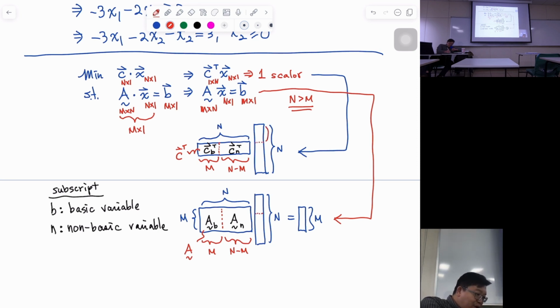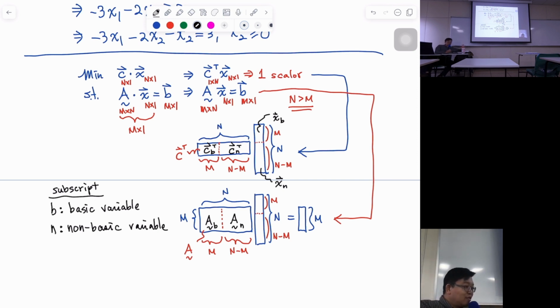The length of this part is m, and here is n minus m. So in this case, the upper part is gonna be XB, the lower part is XN. Okay? I'm not going to repeat at the bottom.